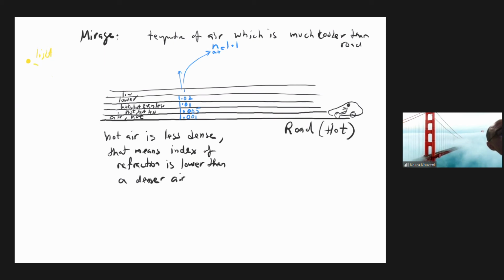And of course it's coming in straight like that. And let's say this is the uppermost layer that we want to consider for this problem. And of course the index is higher on the top layer, and the index gets lower as it enters the lower layers of air.